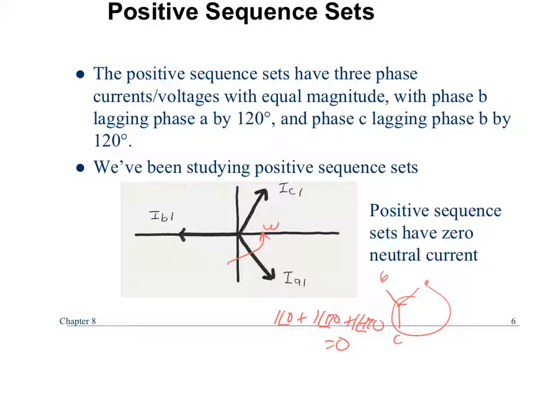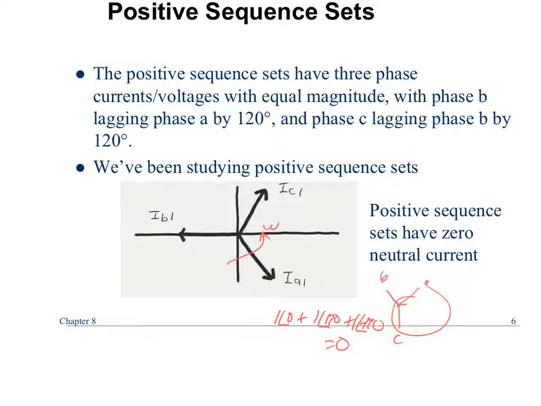We just said that we're going to decompose a set of unbalanced ABC. So in the real world, we have ABC that aren't balanced. We're going to decompose those into two perfectly balanced ones, positive and negative sequence, and one symmetrical one that all have the same magnitude and angle. So positive sequence absolutely 100% must be balanced.